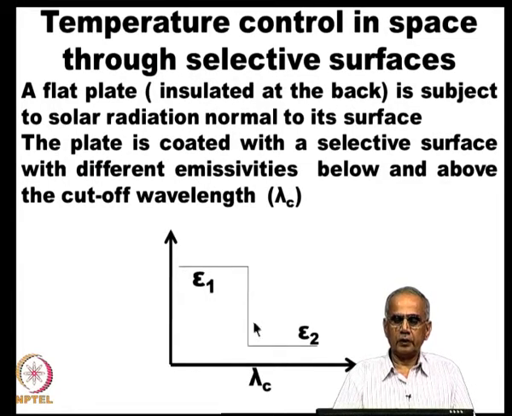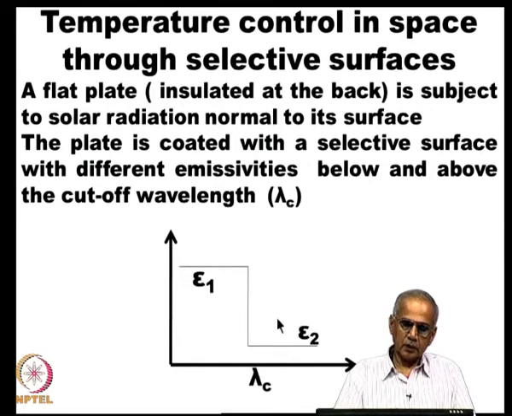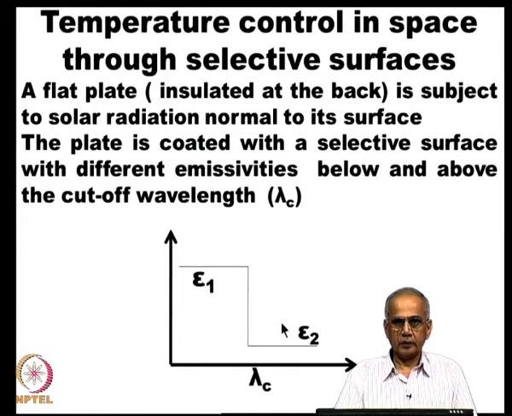So, there is one wavelength at which the property changes dramatically, and this is seen quite often when you coat a semiconductor on a metal. The semiconductor's properties will emerge in this region, while the properties of the underlying substrate metal will appear in this region, and this unusual sharp change in the radiative property is related to the way in which radiation is absorbed in a semiconductor.